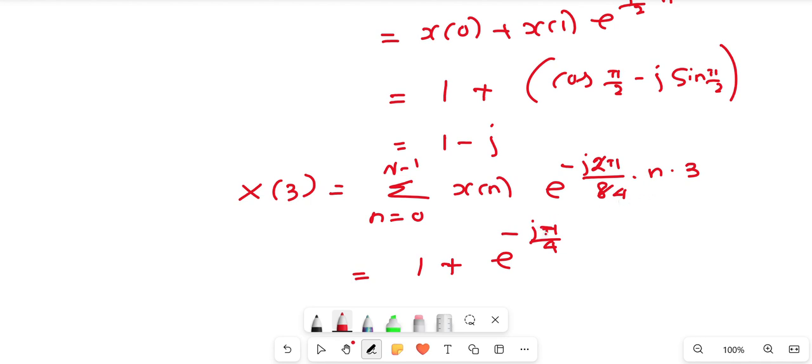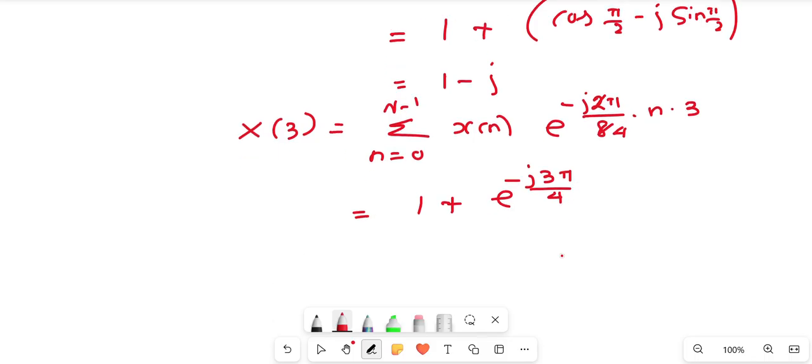Only the first two terms are present, so it is easy to understand the symmetry property.